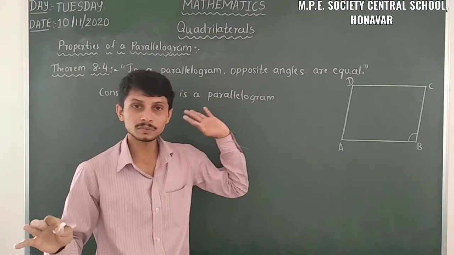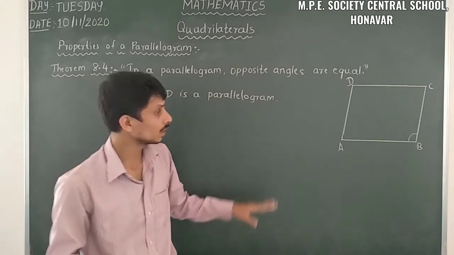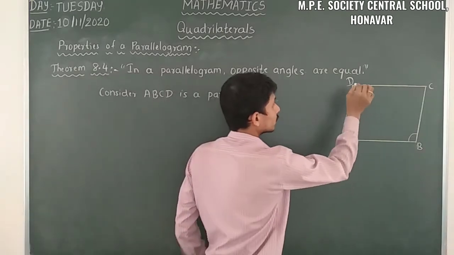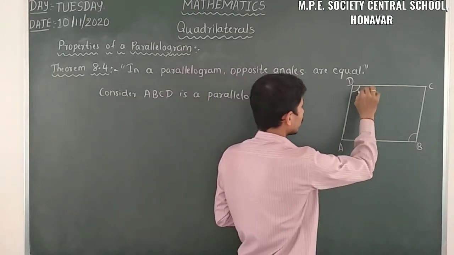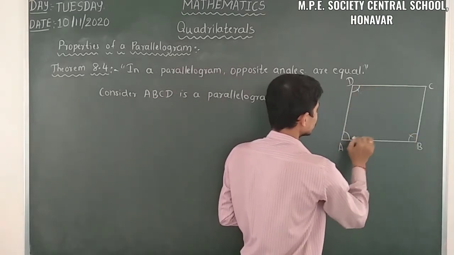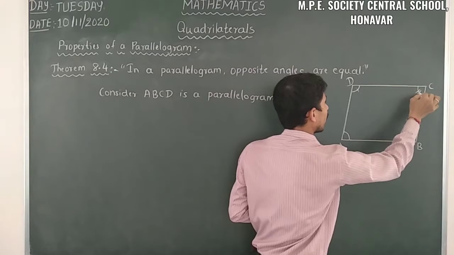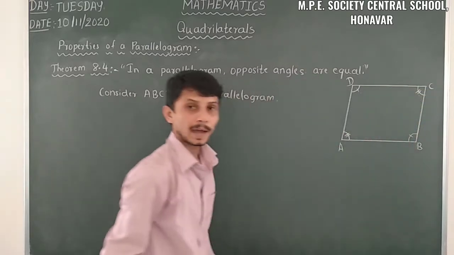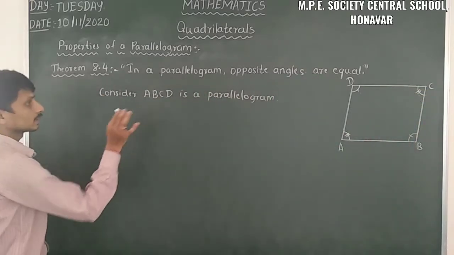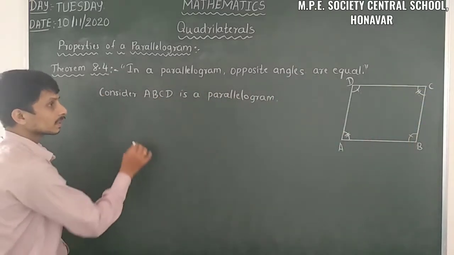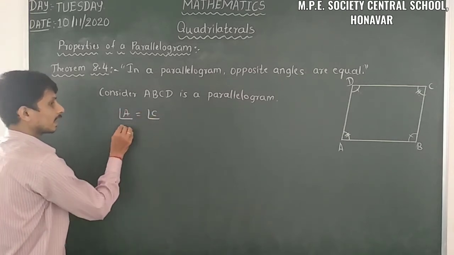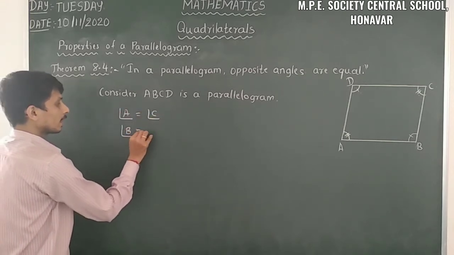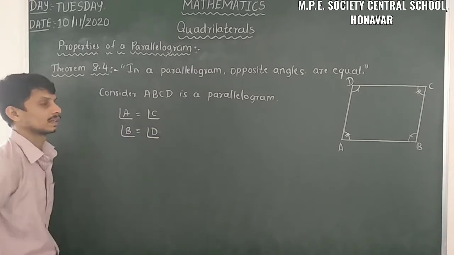So here the opposite angles are equal, and these two opposite angles are equal in a parallelogram. Consider ABCD is a parallelogram. Angle A is equal to angle C and angle B is equal to angle D.